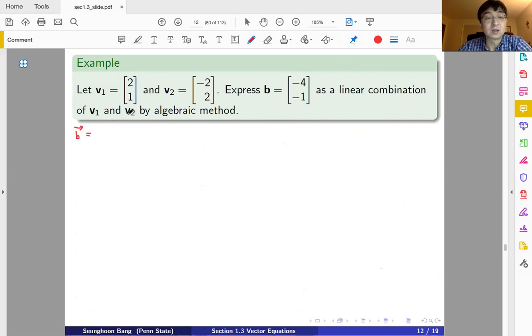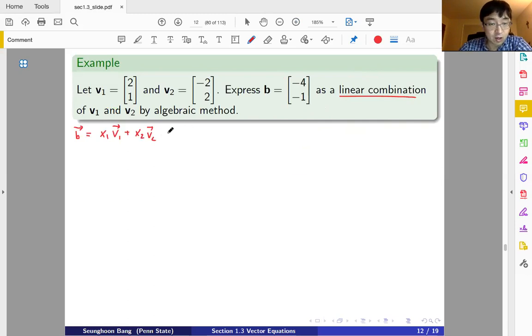The scalar corresponding to v1 you can write as x1. So x1 times vector v1 plus x2, a constant, times vector v2. This is exactly the linear combination. What are x1 and x2? They are real numbers, scalars.